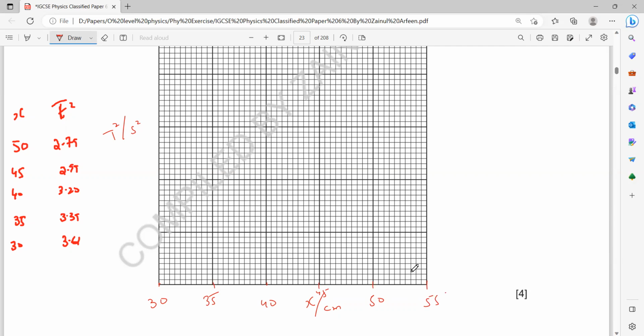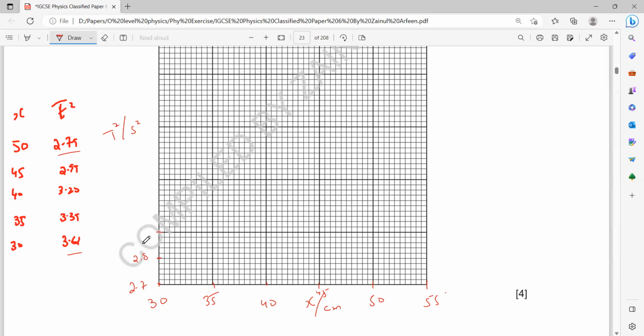So we have to select an axis scale, stretching the axis so it covers 70% of the graph paper. For the y-axis, the minimum value is 2.79 and the maximum is 3.6. So if I start with, for example, 2.7, then 2.8, or like 5 boxes, if I select 0.1, so 1, 2, 3, 4, 5.